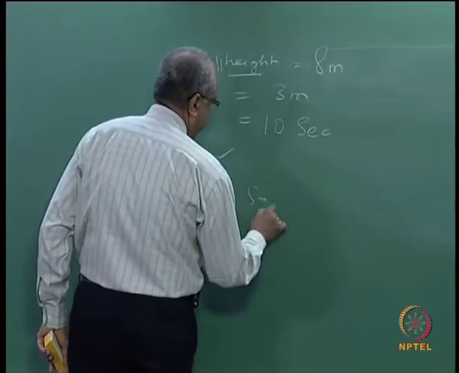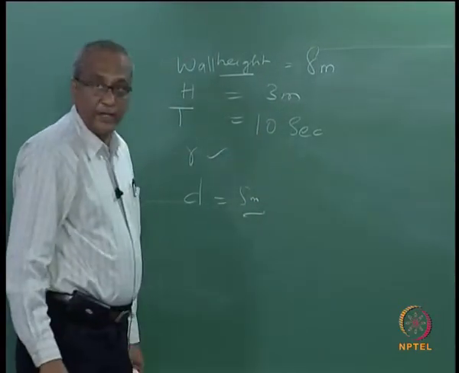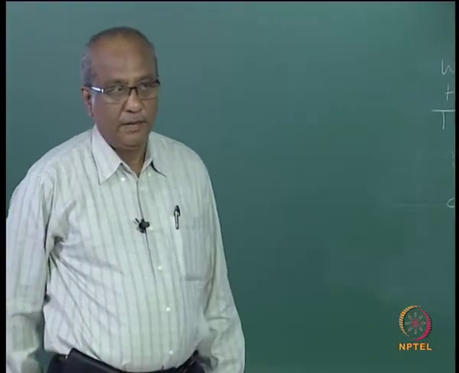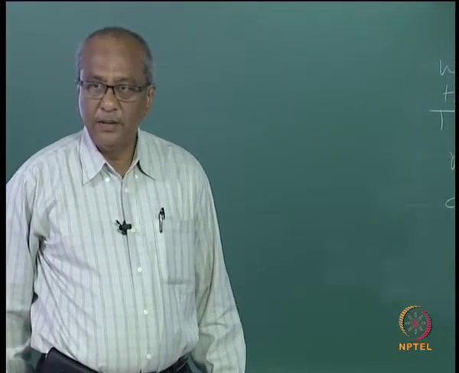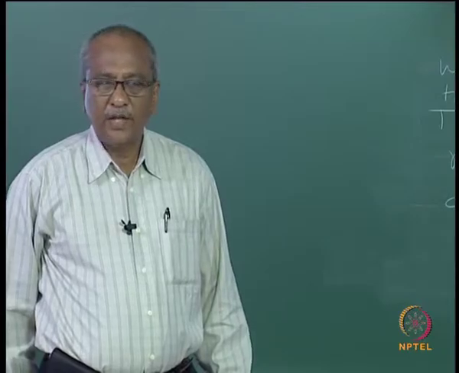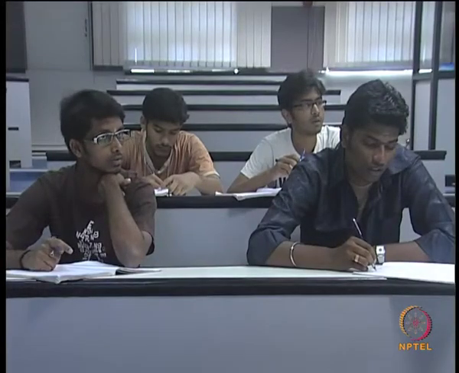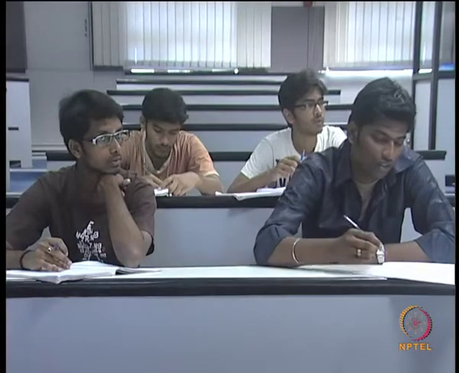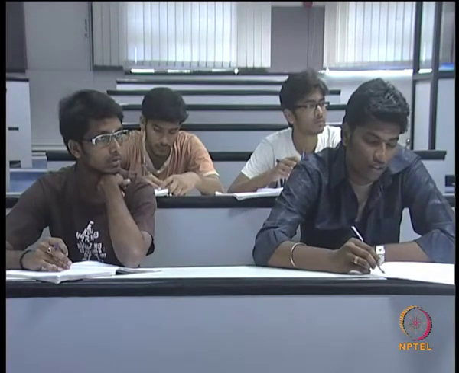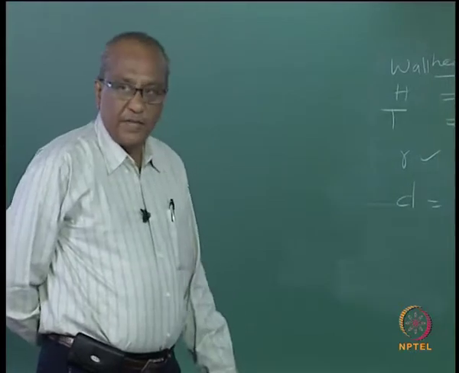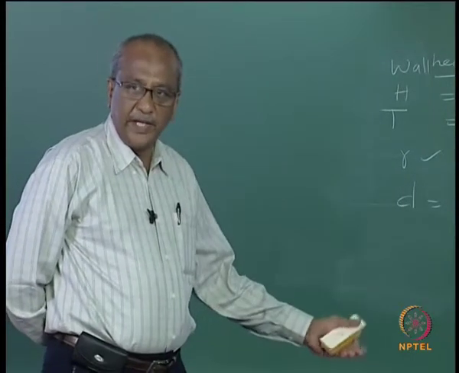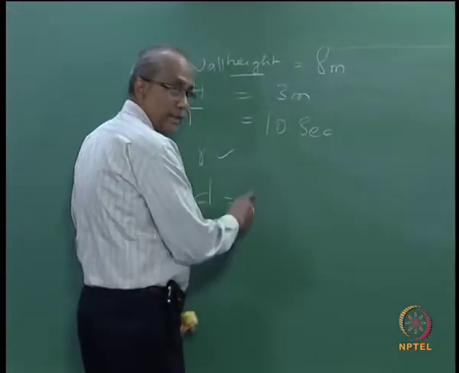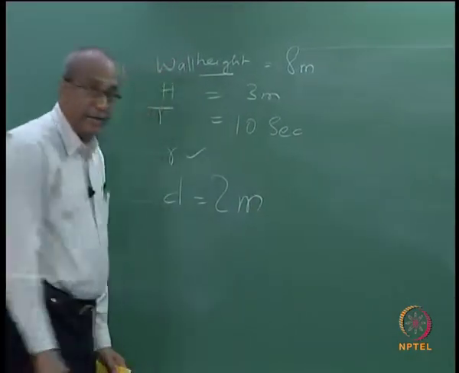5 meters. With 5 meters water depth, you want a wave height of 3 meters, is it possible? What is 0.78 times the water depth? 3.9. So this is the reason why I am asking you to give the data. If someone says, sir, please consider this water depth as 2 meters, it has happened.